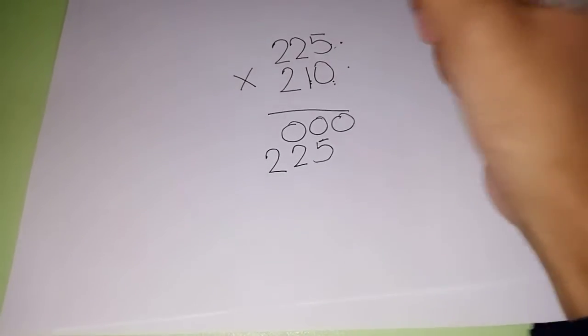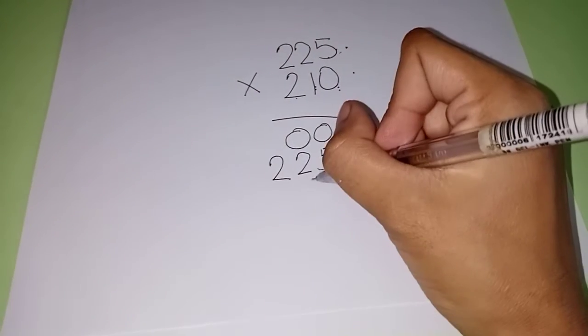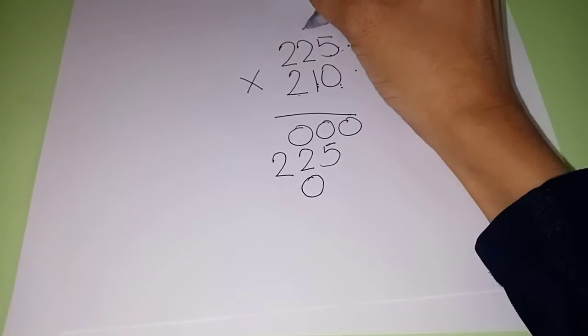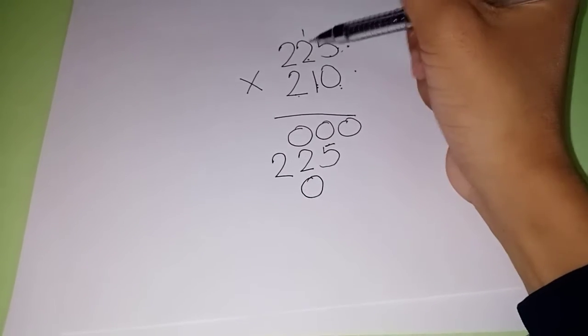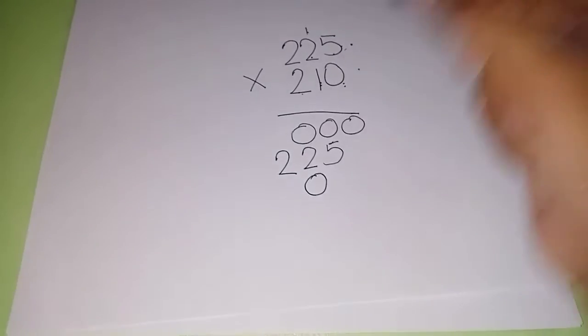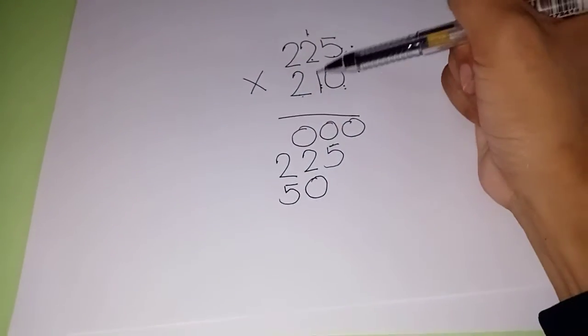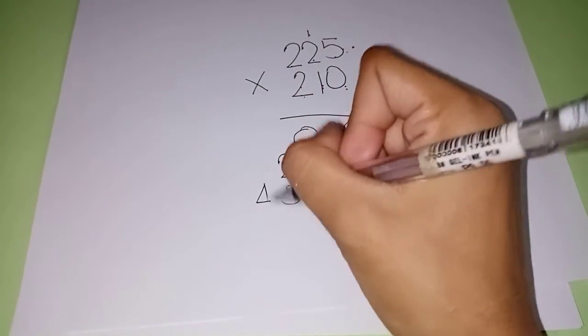Now let's move on. 2 times 5 is equal to 10. So we'll put the 0 here and carry 1. 2 times 2 is equal to 4, plus 1 is equal to 5. 2 times 2 is equal to 4.